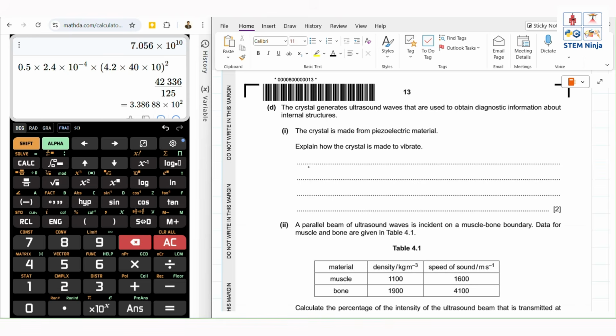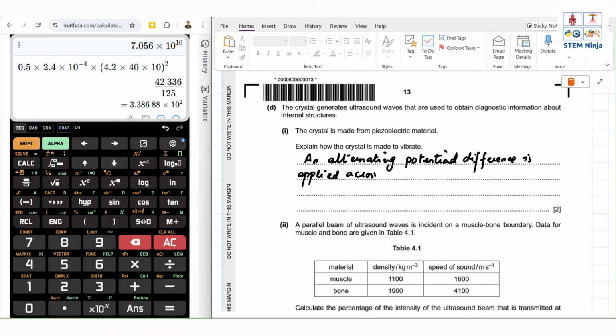So an alternating potential difference is applied across the crystal, which causes it to vibrate due to the piezoelectric effect.